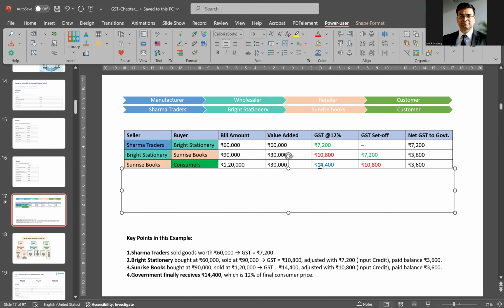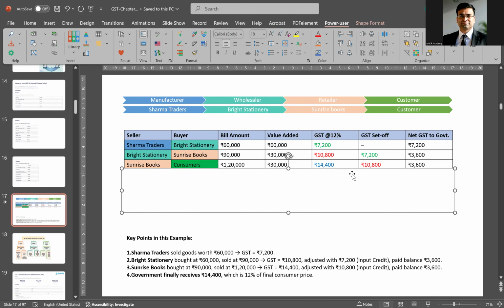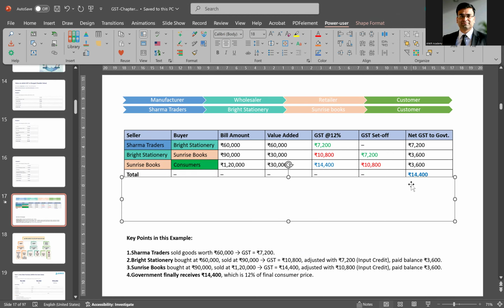Now, how much GST will it pay to the government? It will pay 14,400 minus the GST which he has paid in the previous step, which is 10,800. So net again he will only pay 3,600 as the GST, right?